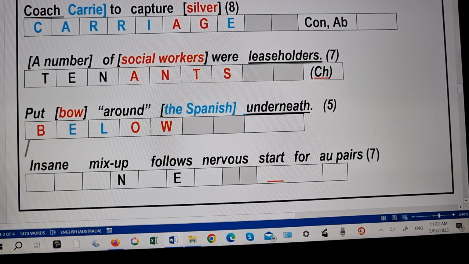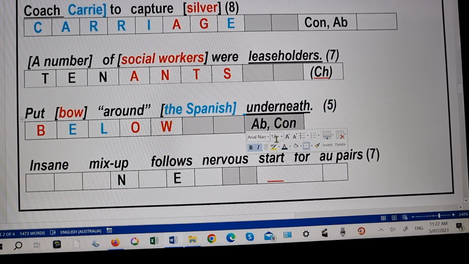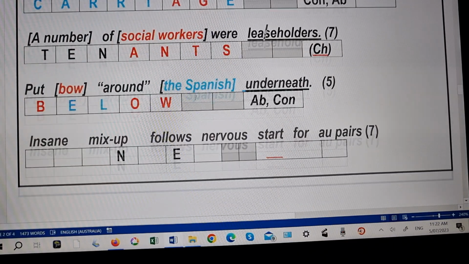Bow contains the in Spanish, so bow or bow contains L, as in El Cid. There it is, the in Spanish. And so we have a container, also an abbreviation, but you don't worry about putting AB for abbreviation because they're not structural. All right, but anyway, container is the important part.